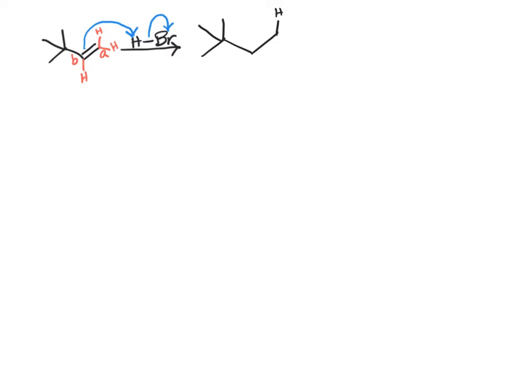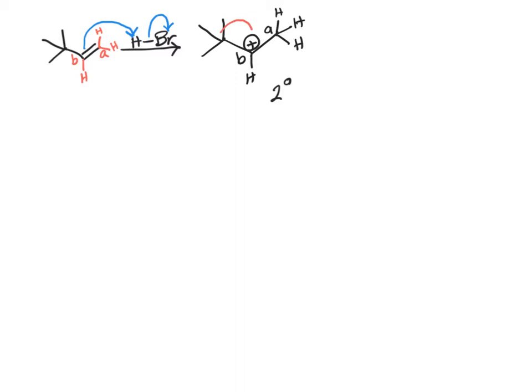Now carbon A will have 3 hydrogens, and carbon B will have 1 hydrogen and a positive charge. So this is a carbocation. It's a secondary carbocation. When there is a carbocation, we have to check the possibility of rearrangement.